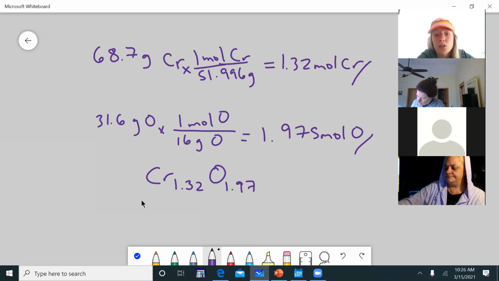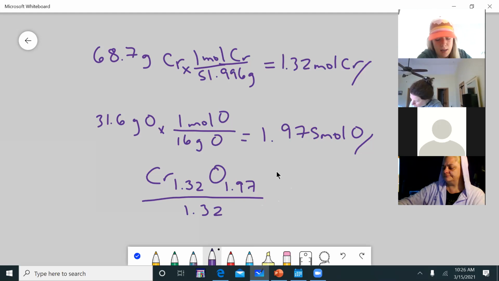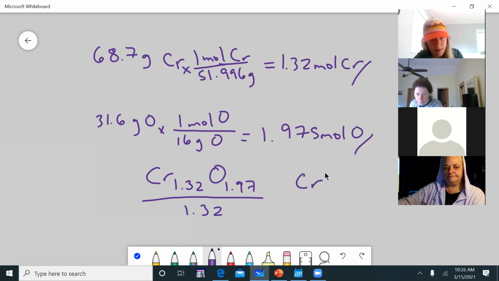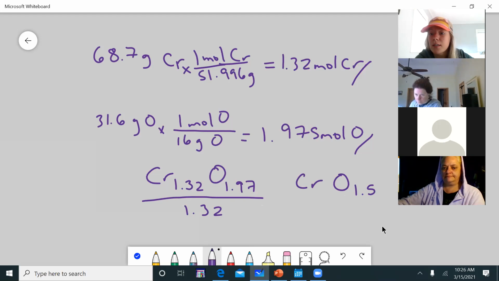It's just not a whole number ratio. So let's divide by the smaller of the two. That's the 1.32, and hope we get a whole number. So chromium, that 1.32 divided by 1.32 will be a 1. And then the 1.97 divided by 1.32 gives us oxygen 1.5. You guys get that?